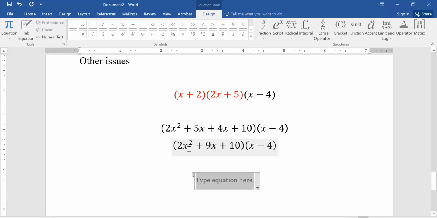And I multiply these two in the following way. 2x squared distributes into all the terms on the right. 9x distributes into all the terms on the right. 10 distributes into all the terms on the right.